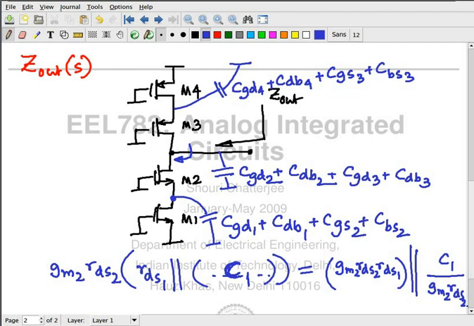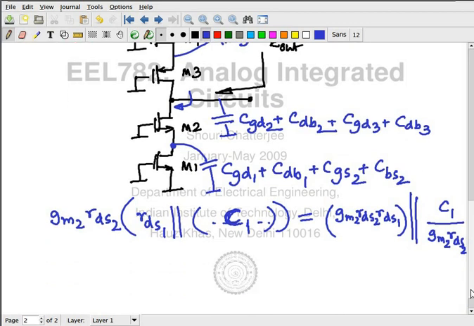Impedance of capacitance is proportional to 1 by the capacitance. So this is okay with everyone.